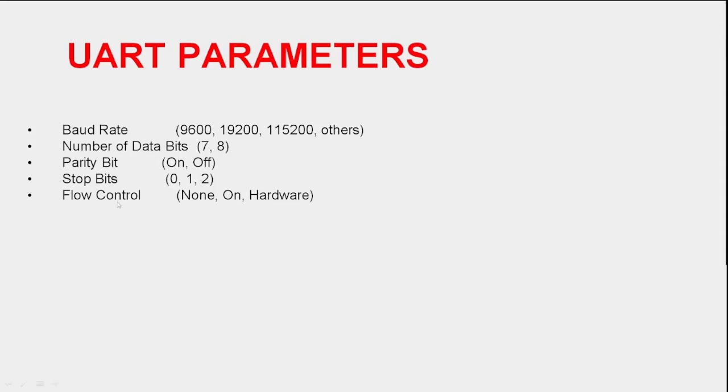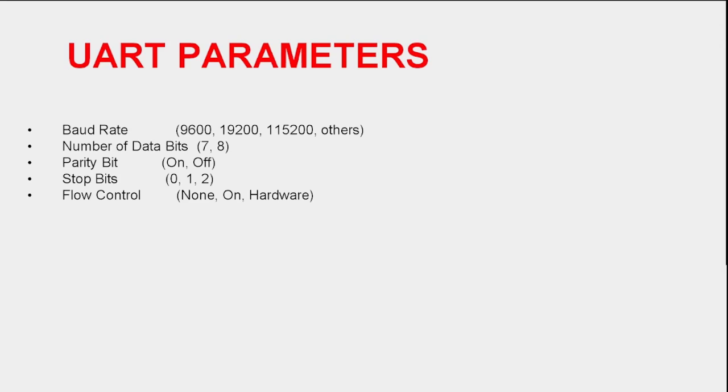First, baud rate. Devices can transmit at multiple baud rates based on the clock of the processor, like 9600 bits per second, 19,200 bits per second and 115,200 bits per second. The number of data bits may be 7 or 8, but the widely used one is 8 bits. The parity bit can be on or off.